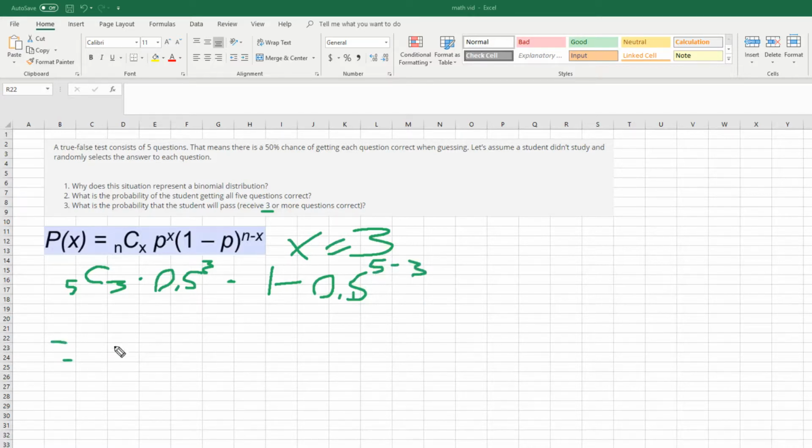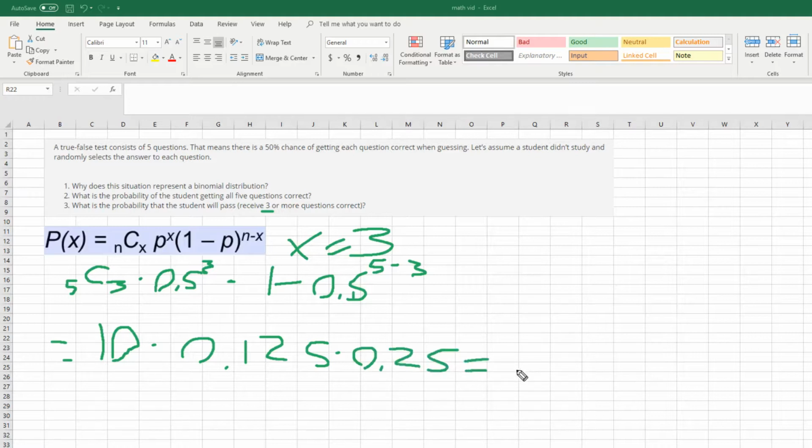This breaks down to 10, 0.125, and 0.25, ultimately ending in 0.3125.